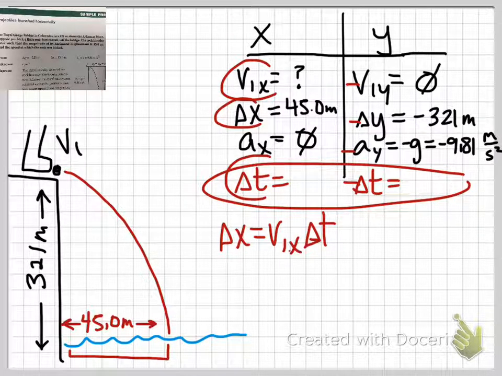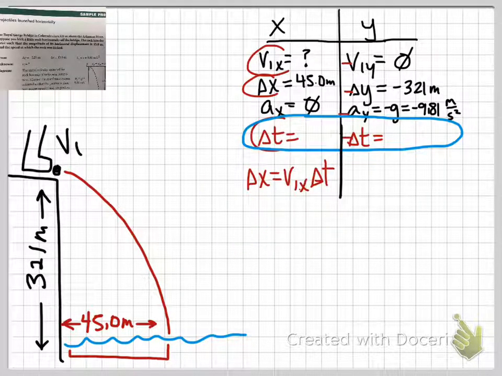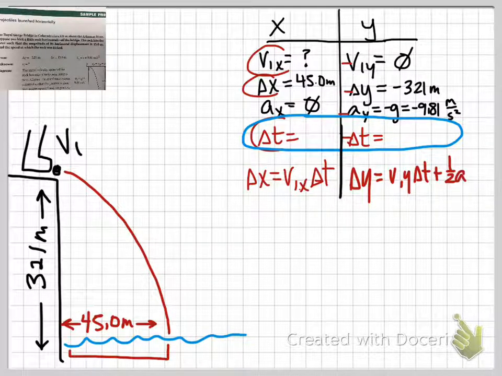Got your note card handy, right? What if we tried delta y equals viy delta t plus 1/2 a sub y delta t squared? Does that cover all the things that we have in that list? By gosh, it does.